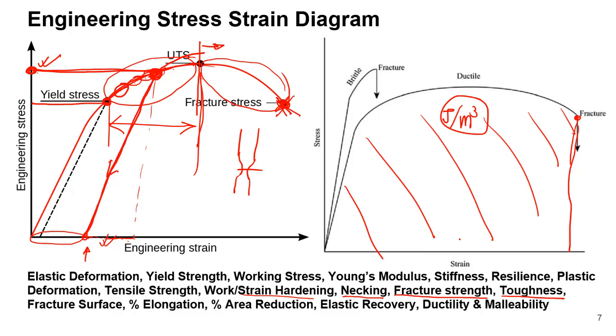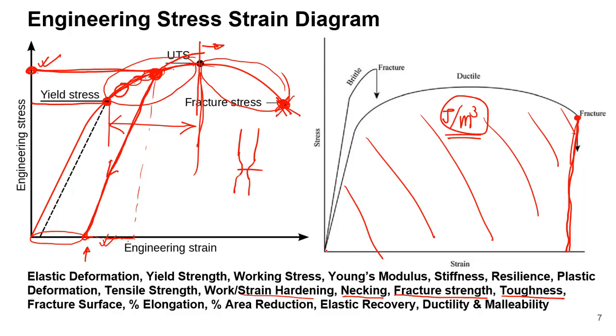But the basic idea is the amount of energy that is absorbed, expressed either per unit volume or as energy up to fracture. That is the important thing. Toughness is a property which is a combination of ductility as well as strength.